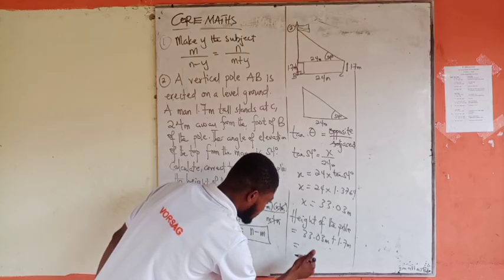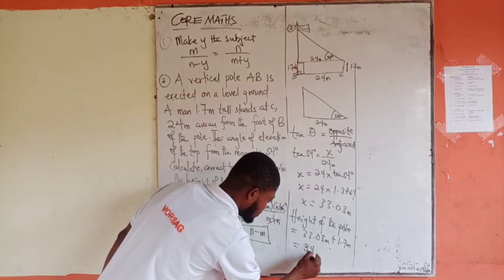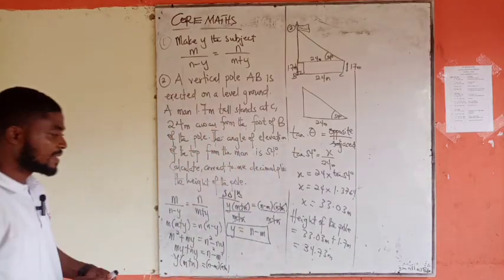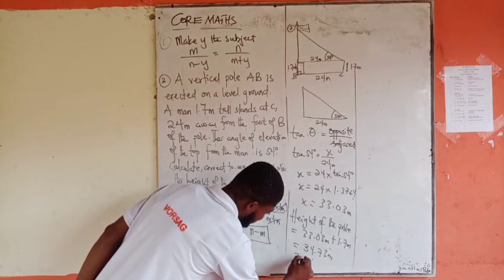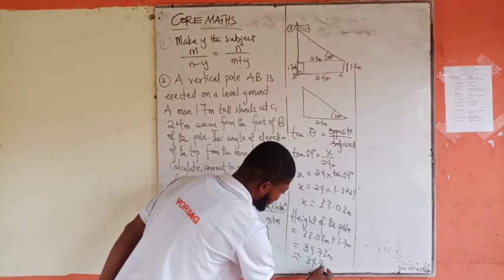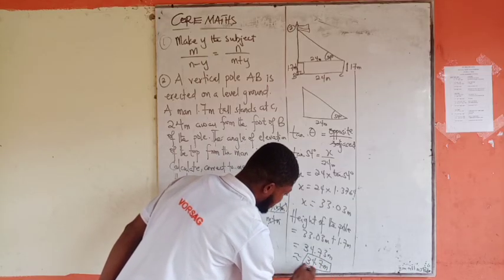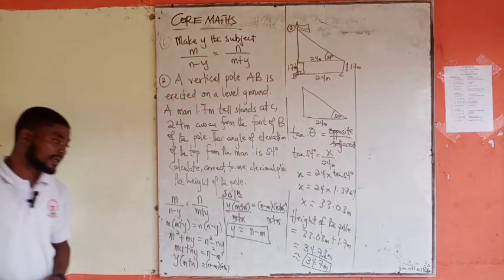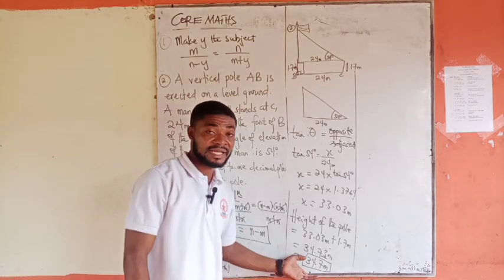So this will be 34.73 meters. And because we must round to one decimal place, it's going to be 34.7 meters, since this is less than 5.